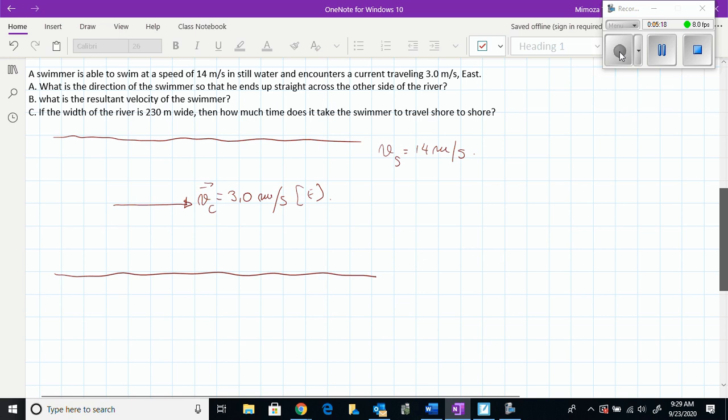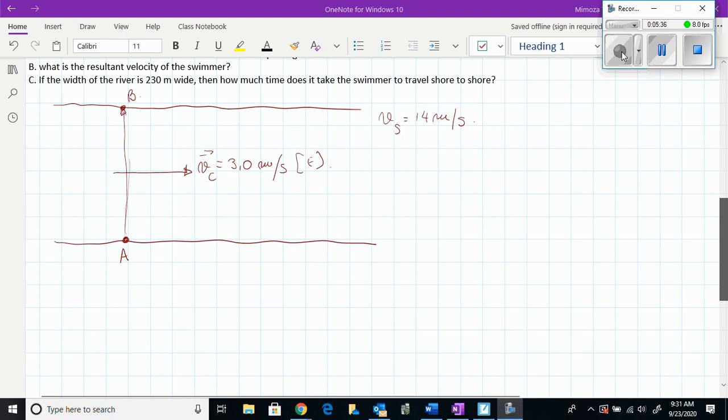What is the direction of the swimmer so that it ends up across the river? So if it starts here, what we want is to end up here at point B. So the swimmer will start at point A and we want to end at point B.